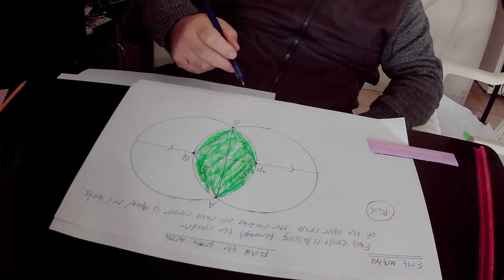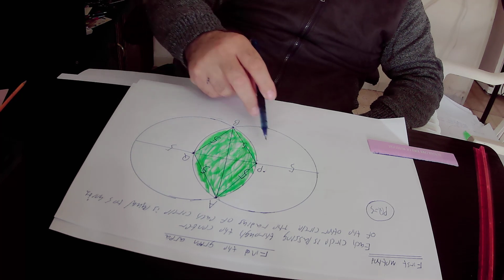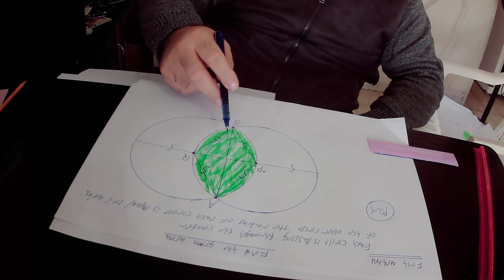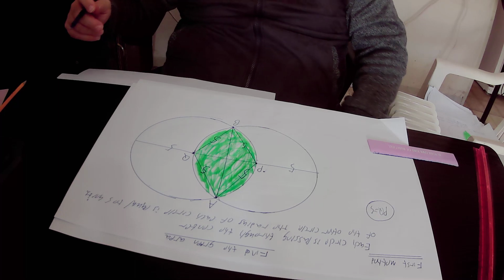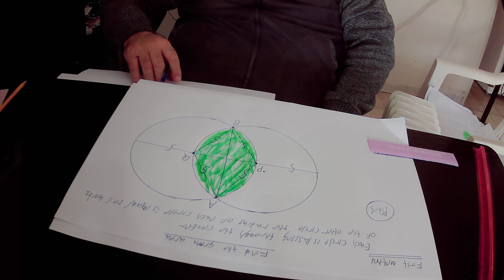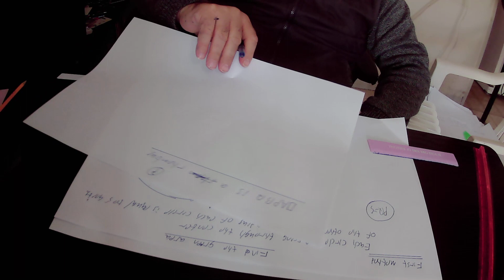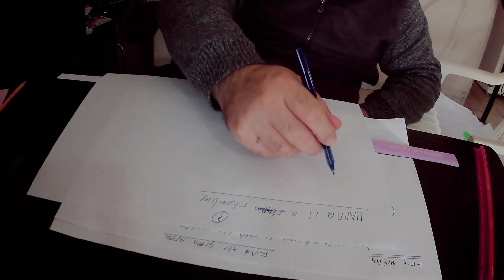So we have here 2 diagonals, diagonal AB and diagonal PQ of rhombus APBQ, and we have 2 characteristics of the diagonals of a rhombus. I write it down.